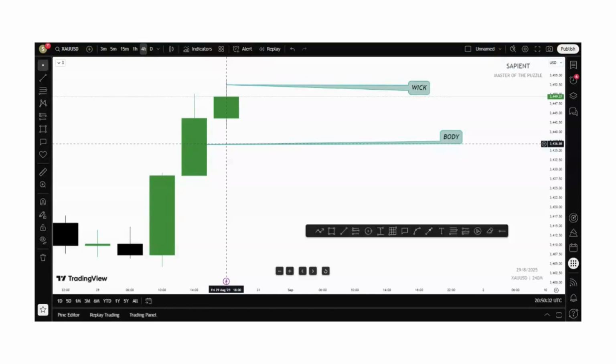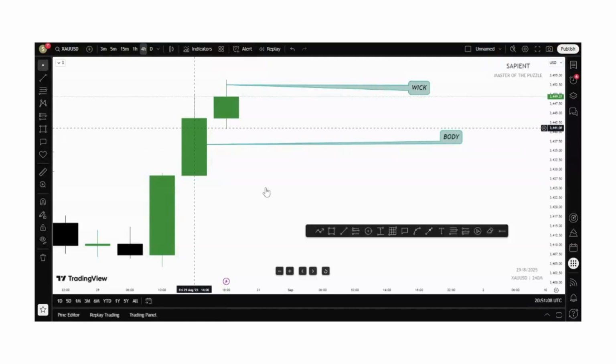So in this case, look at this candle right here. This candle opened at this level and pushed up. A buy candle will always move from the bottom to the top.